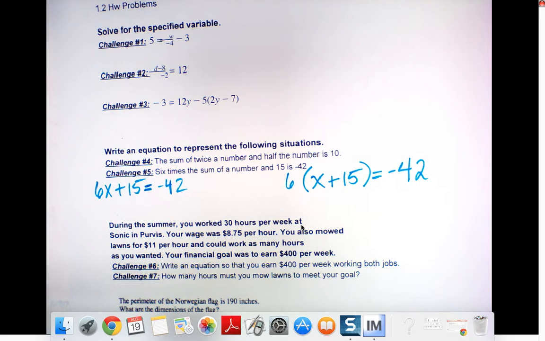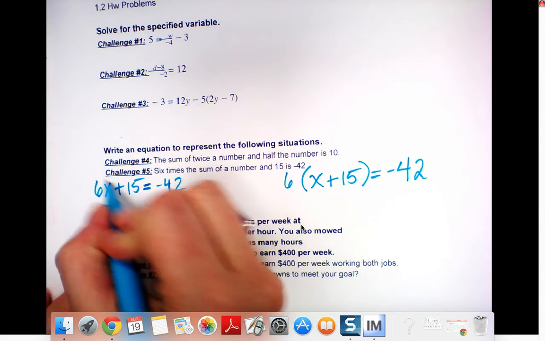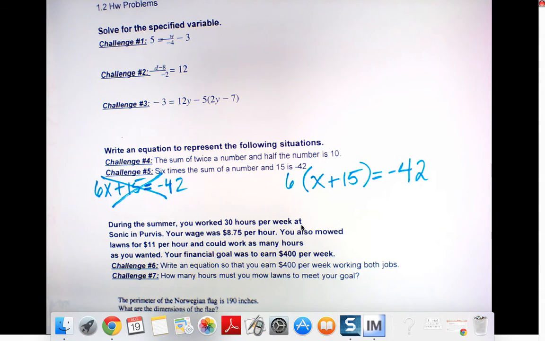He says that it's 6 times that sum, so you would have to add 15 and whatever x is before you can multiply that by 6. So I liked that explanation. Okay? Now this didn't say solve, so you just had to write the equations. I didn't cross that out, so you won't think that's right.